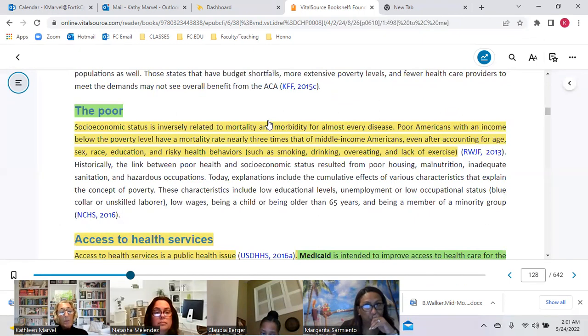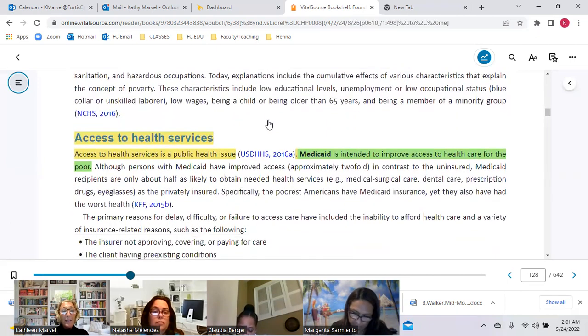We know that socioeconomic status is inversely related to mortality and morbidity for almost every single disease. Poor Americans with an income below the poverty level have a mortality rate of nearly 3 times that of middle income Americans. That's crazy. And that's even after accounting for age and sex, race, education, risky behaviors.